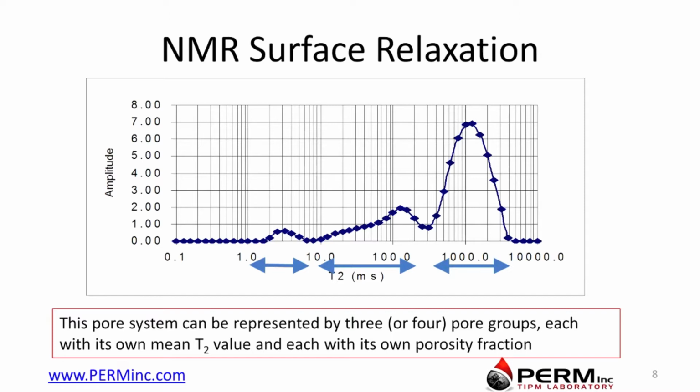This would be water inside large pores where they have time to move around a little bit before they bang into the walls. And then as we go to faster and faster relaxation times, this is smaller and smaller pores. So what we have when we're measuring water in porous media is essentially something that's analogous to a pore body size distribution, where long T2 values are big pores and shorter T2 values are smaller and smaller pores.